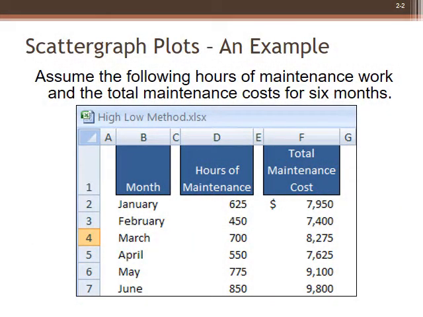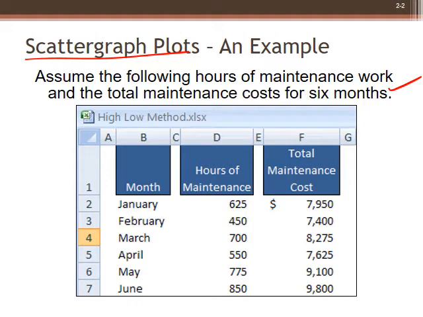Okay, so we have an example here. Assume the following hours of maintenance work and the total maintenance cost for the last 6 months. But remember that the high-low method can be used to analyze mixed cost only if the scatter plot or the graph reveals a linear relationship between the variables.